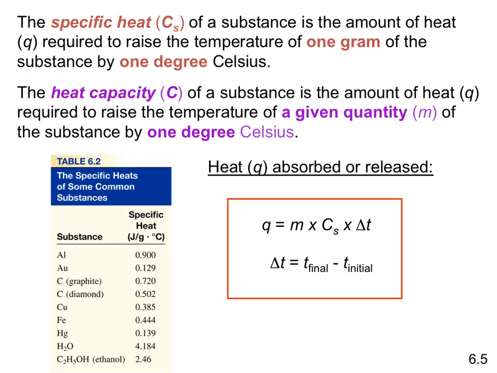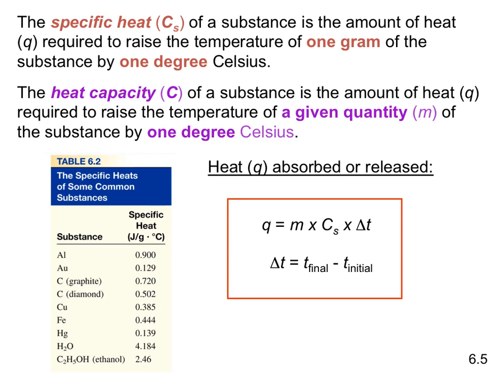So specific heat capacity, as we see written here as C sub S, is basically the amount of heat that a substance can absorb that will actually raise the temperature of 1 gram of that substance by 1 degree Celsius. So different substances have different specific heat capacities.